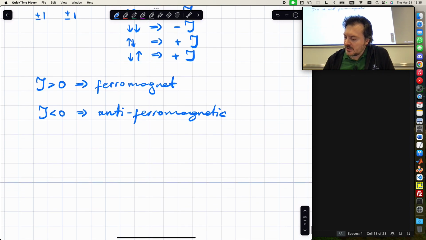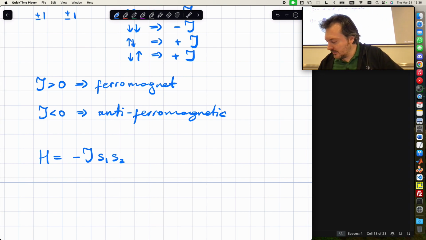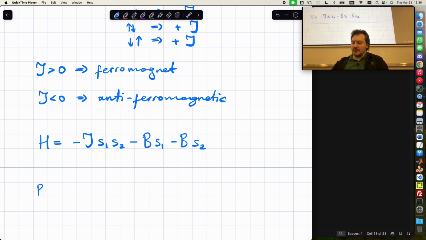Now, you can also add magnetic field to this. For example, you can write Hamiltonian to be minus J times S1 times S2, right? But you also apply magnetic field, let's say. Then you have minus B times S1 minus B times S2. So if magnetic field is, let's say, plus 2, then what is the energy of up?